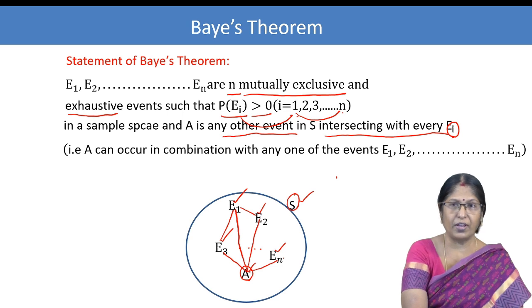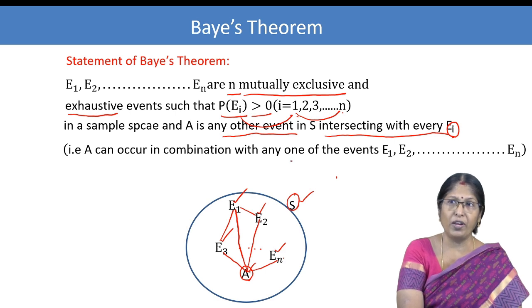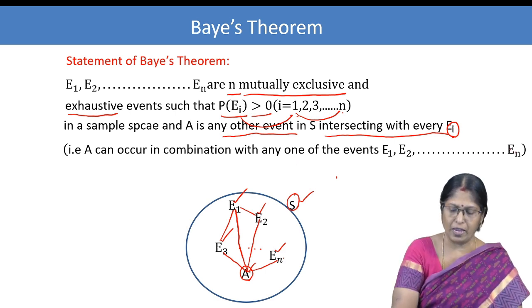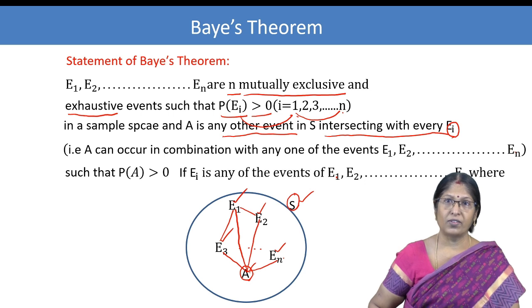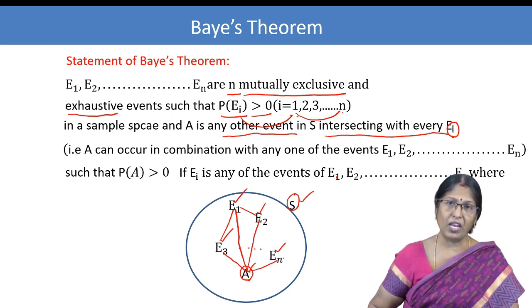Now you can see it here also. A can occur in combination with any one of the events E1, E2, and so on up to En, such that the probability of A is greater than 0. The meaning is that even this event A, which is intersecting with E1, E2, E3, and so on up to En, has positive probability.